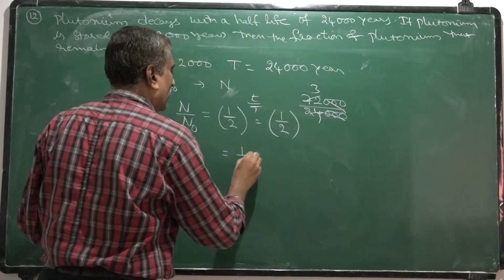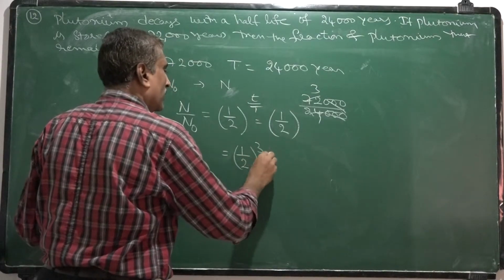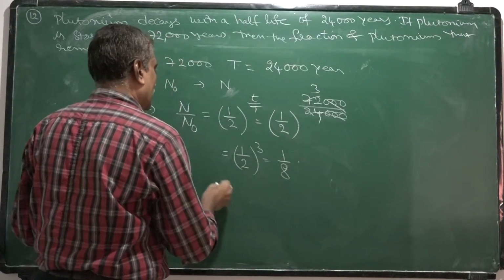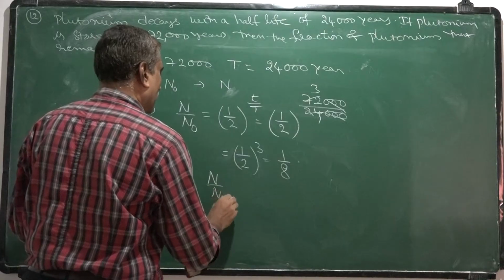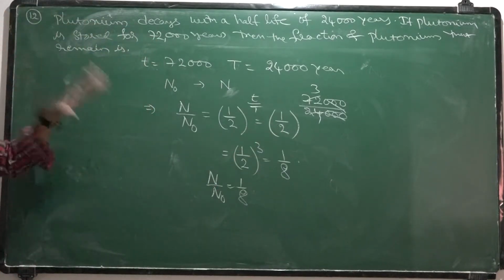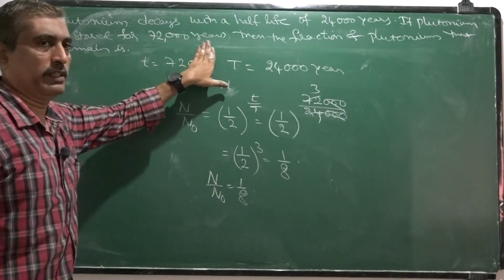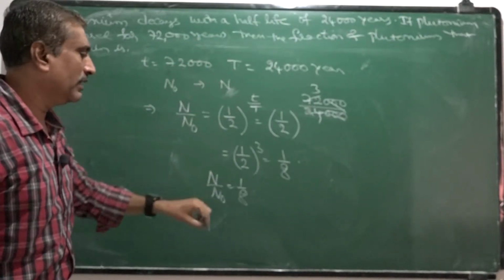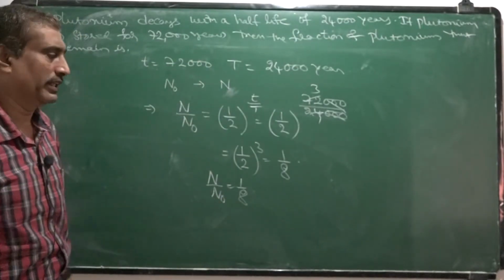That is 1 by 2 to the power 3, that is 1 by 8. So the fraction remaining is 1 by 8. That means if we take 1 gram, it will reduce to 0.125 gram.